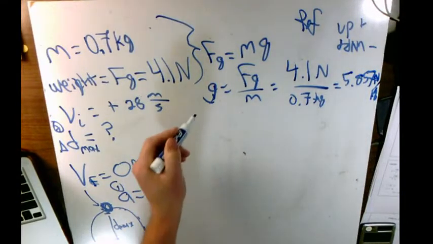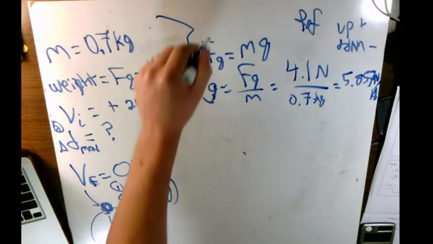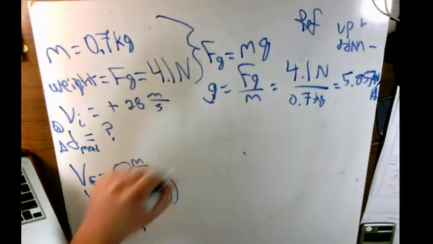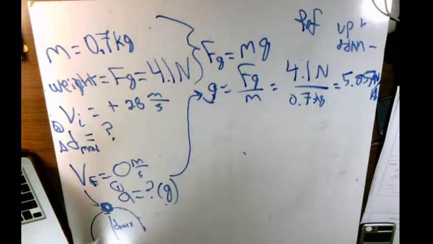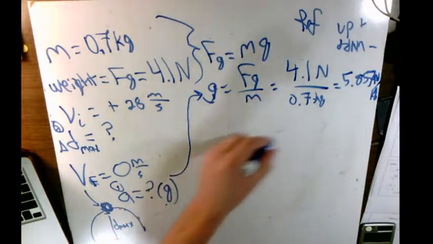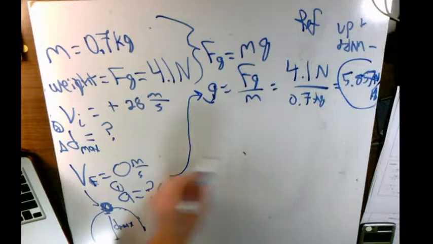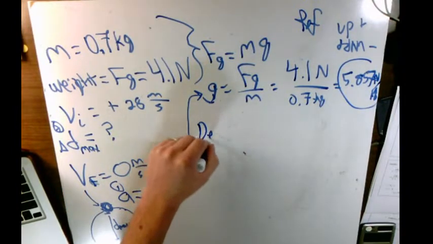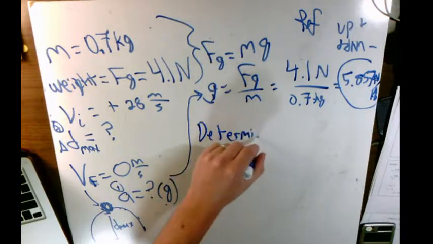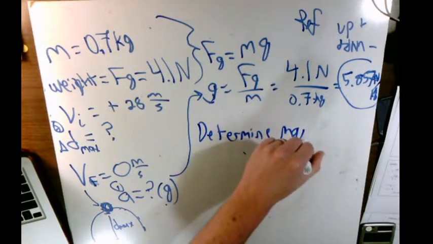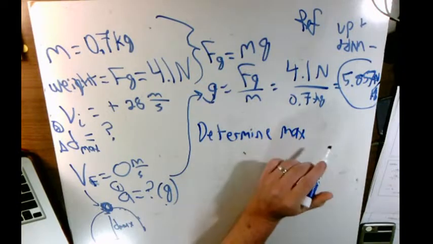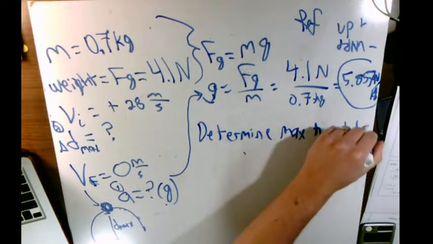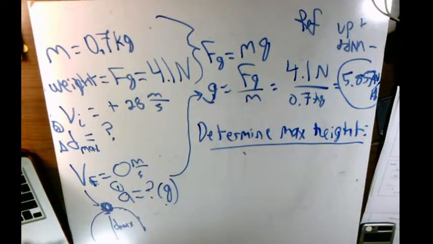So this was all determining acceleration due to gravity. Now we're going to take it and throw it into our kinematics equation to determine max height. And this has nothing to do with Unit 5 and everything to do with Unit 2. Physics is all interdependent. Nothing is really separate.